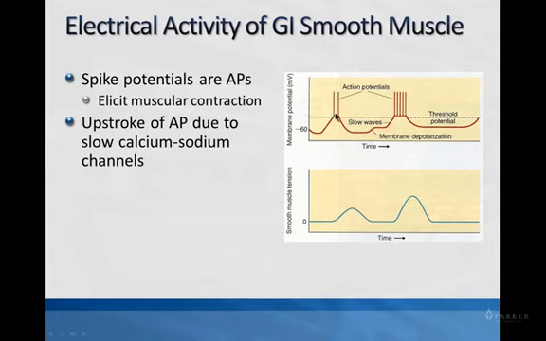You'll need something else in order to open enough calcium channels to generate this action potential. So things like nervous stimulation, certain hormones, or stretch will result in more calcium entry, so that you can eventually reach threshold and generate the action potential.